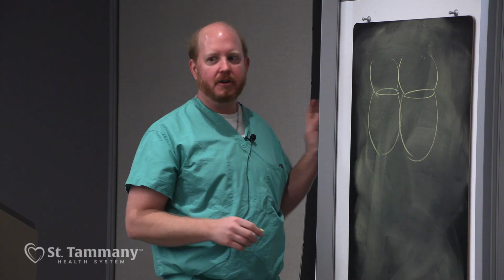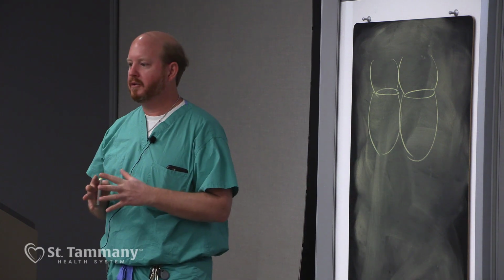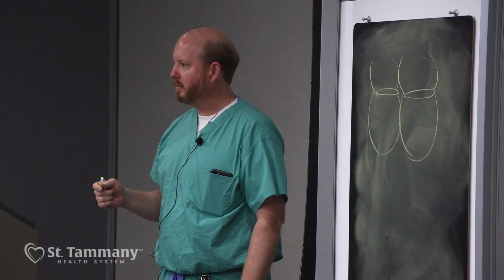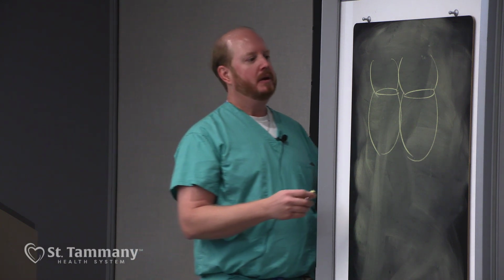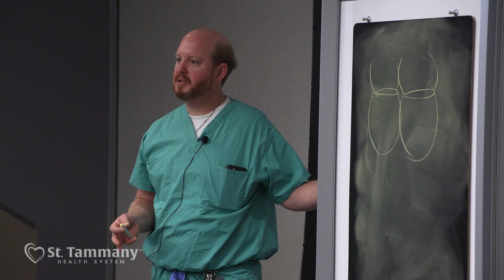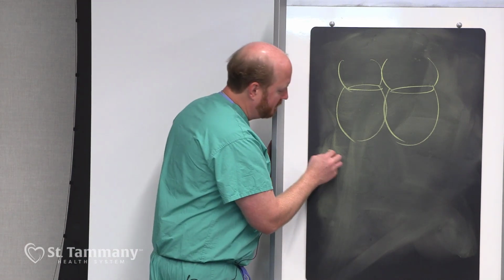All right, so let's talk about flutter because I think it's a good segue into understanding the first cousinhood of AFib. And it's the more organized of the two atrial arrhythmias that aren't SVTs. So typical atrial flutter has a very pathognomonic EKG pattern. And you guys have seen it.